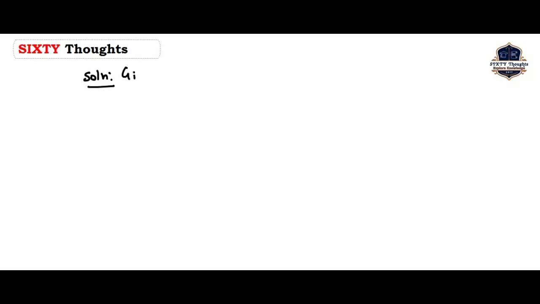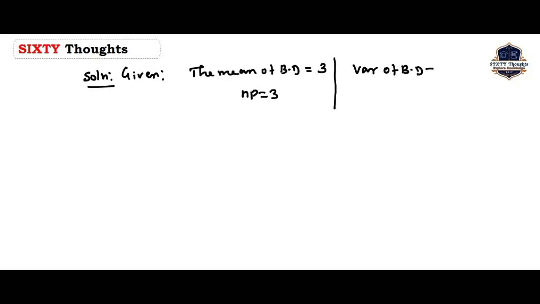What is given? The given statement is: the mean of the binomial distribution is 3. That means np = 3. And also the given variance of the binomial distribution is 4. That means npq = 4.